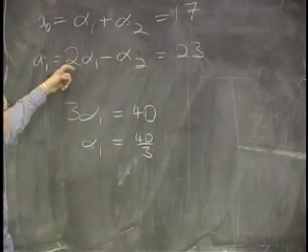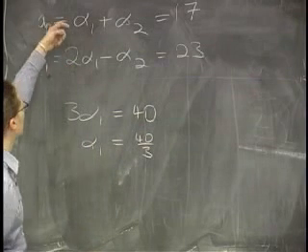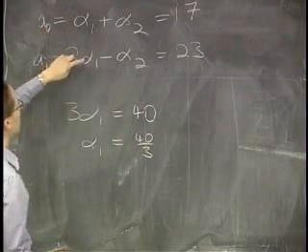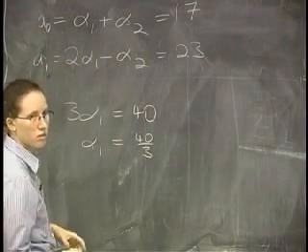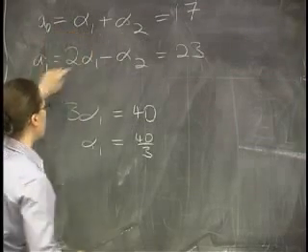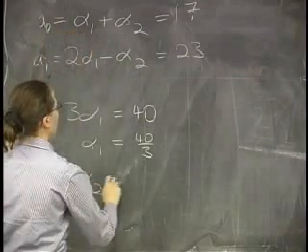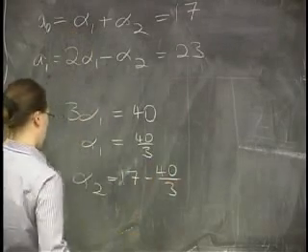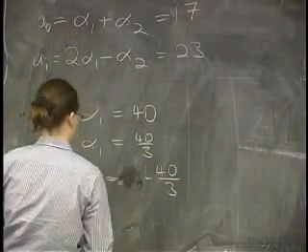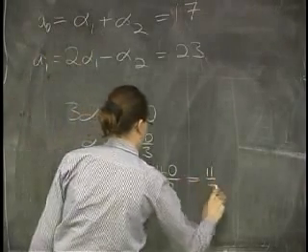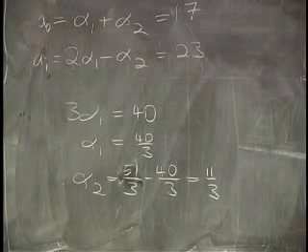Subtracting this from here, alpha 2 is 17 minus 40 thirds, which is 51 thirds minus 40 thirds, so I get 11 thirds.